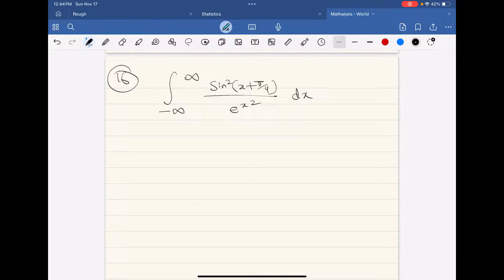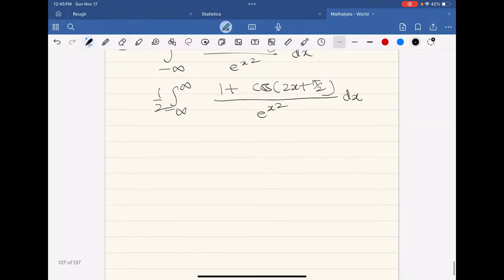So what I can do is first try to break this sine square function. Let me try to break this as half of 1 plus cos of 2x plus pi by 2, and so e to the power x square dx.